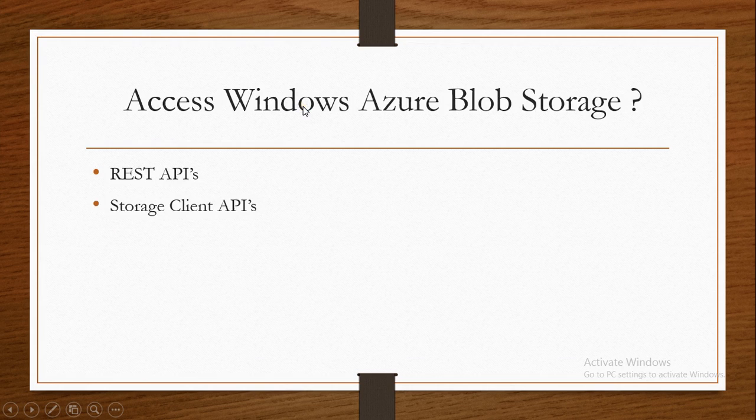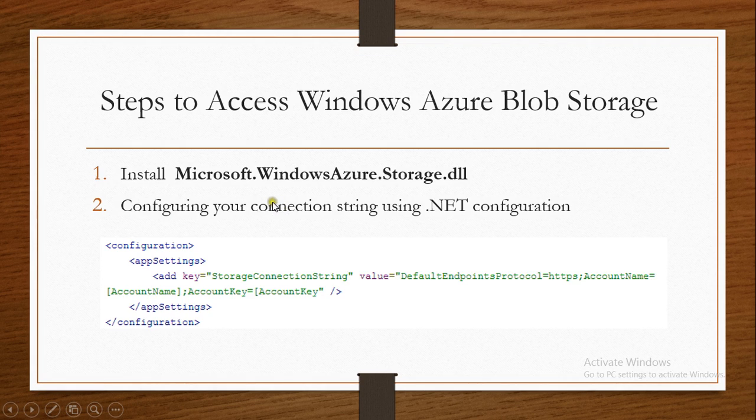Okay, so how am I going to do this through my coding, how to do blob storage and how to access your blob storage inside your Windows Azure? You can do it in two ways, either by REST APIs or storage client APIs. The storage client APIs, you can download through your Visual Studio, and once you download them, you can start creating applications.